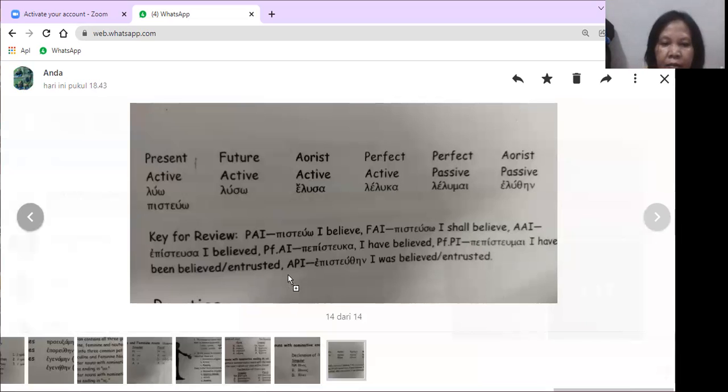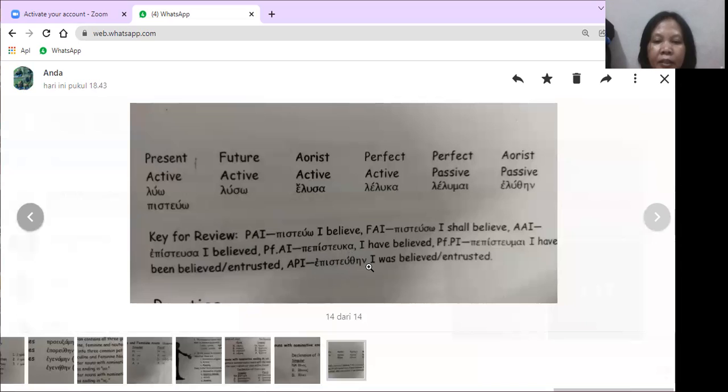In the end, aorist passive indicative, pisteuo becomes episteuthen. The first form uses e, the end form uses then. Episteuthen.